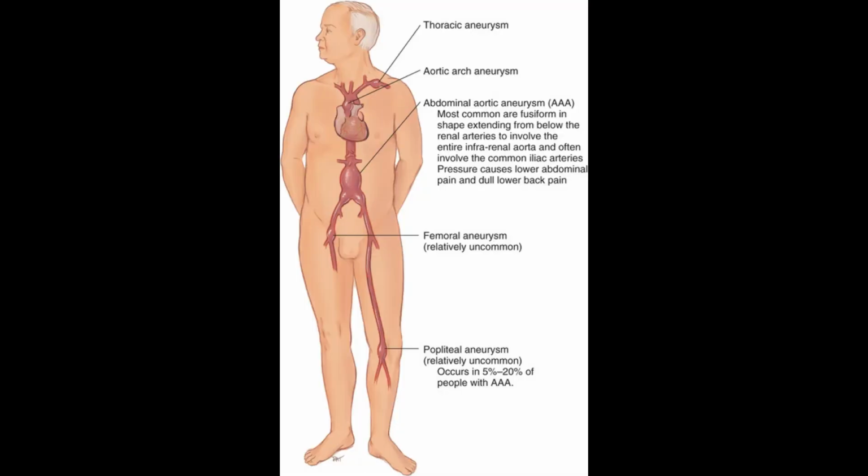This image is out of your book about types of aneurysms named for their specific location. Of course, in the suprathoracic area, you see the thoracic aneurysm, an aortic arch aneurysm. There is an abdominal aortic aneurysm, also known as the AAA. This one you want to avoid a lot of compression in the abdominal area, although you're not really doing that anyway.